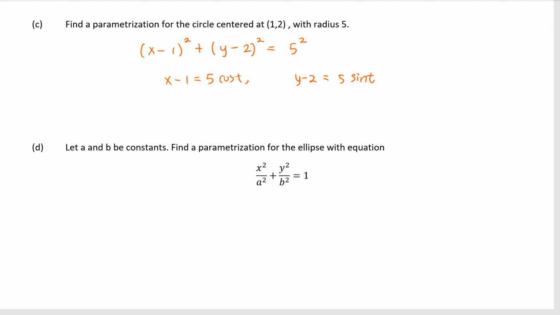Then we can solve for x: x is 5 cosine t plus 1, y is 2 plus 5 sine t. So this is a circle centered at (1, 2) with radius 5.